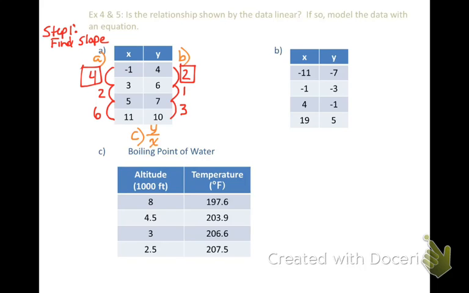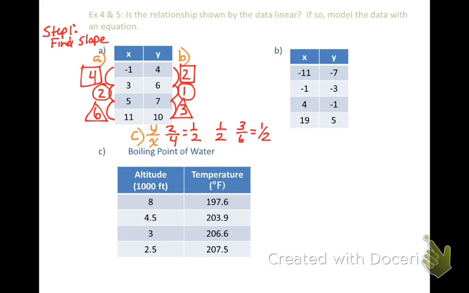So we're going to put 2 over 4, which equals 1/2. And then 1 over 2, which is 1/2. You can't reduce that. And then 3 over 6, and that equals 1/2 too.